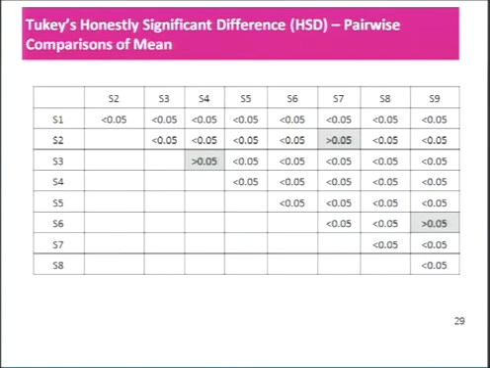The way to interpret this table is, if the value is less than 0.05, then that particular pair was not statistically similar in its minutia count. And if the value is greater than 0.05, then the pair being compared is statistically similar in its minutia count.